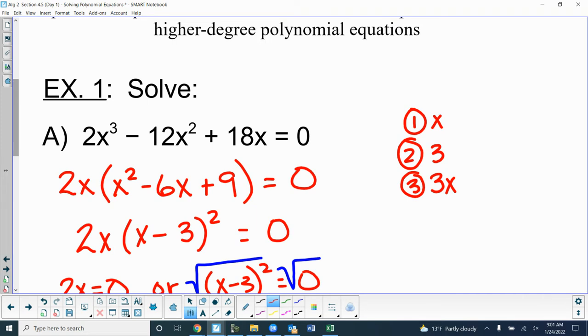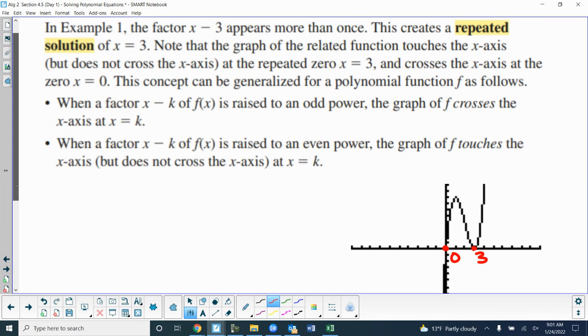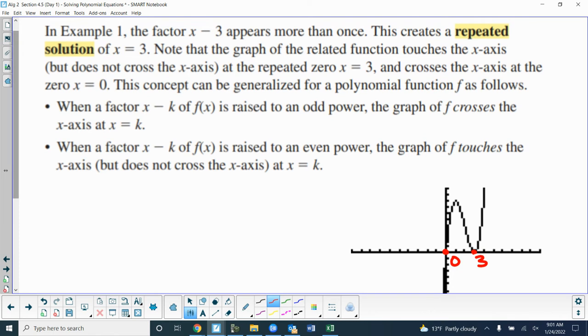If it's an odd exponent, raised to an odd power, the graph of f crosses. It'll go through it. Even power, it's going to bounce off like this one. We call that multiplicity. Later on they'll have us tell the multiplicity, but right now they haven't talked about that, so I'm not going to get into it.